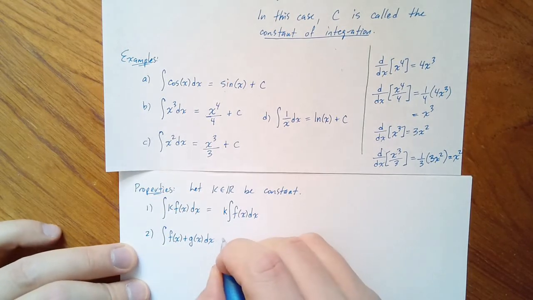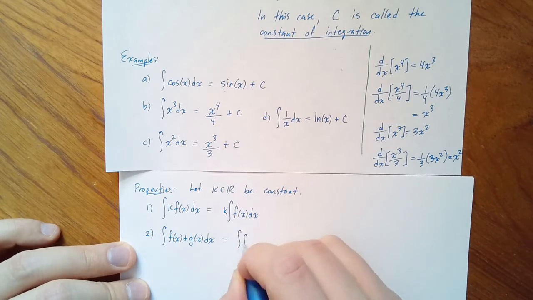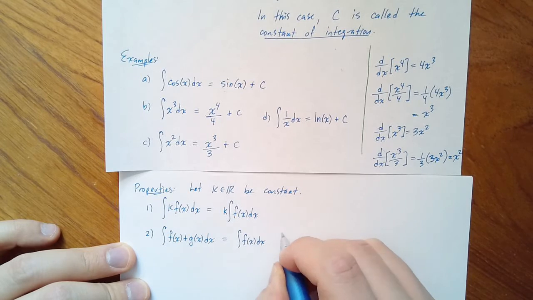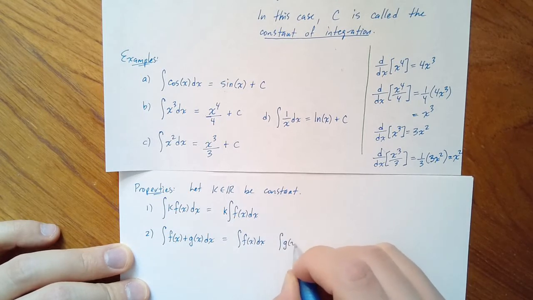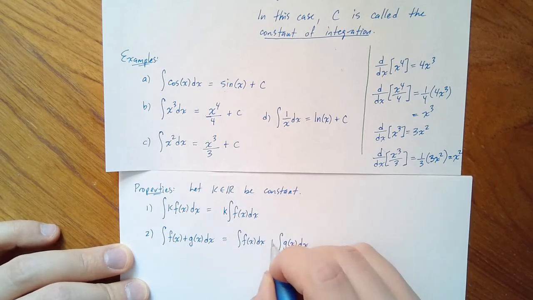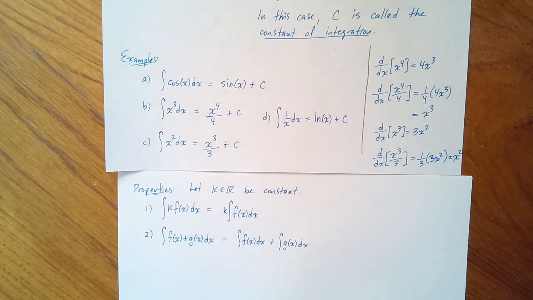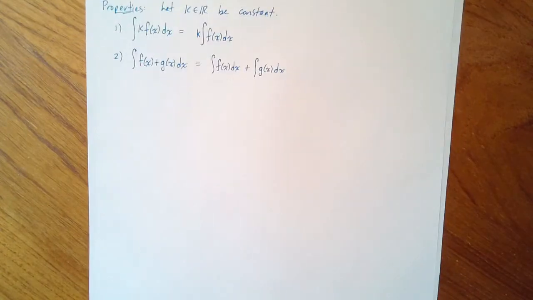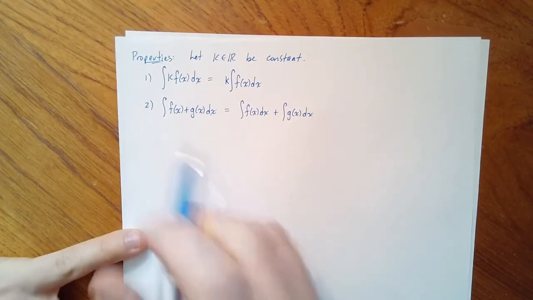Another thing you could do is consider the function f separately, take its antiderivative, and then take the function g of x and take its antiderivative, and then add them together afterwards. That's what the second property says. It says that those two things are equal, so I can safely put an equal sign in between them by the second property.